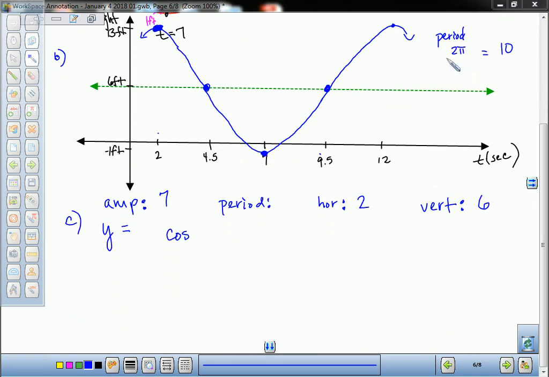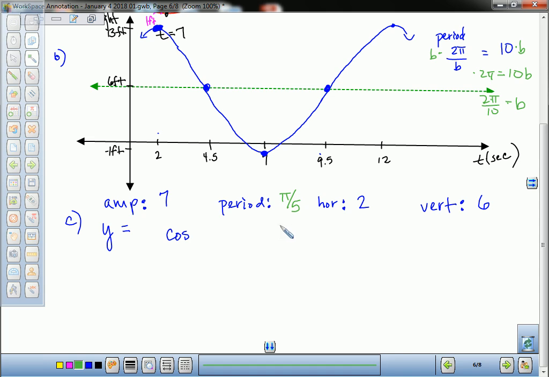We have to solve for B. To find the period, we do 2 pi divided by B, and 2 pi divided by B has to equal 10. So B equals 2 pi divided by 10.